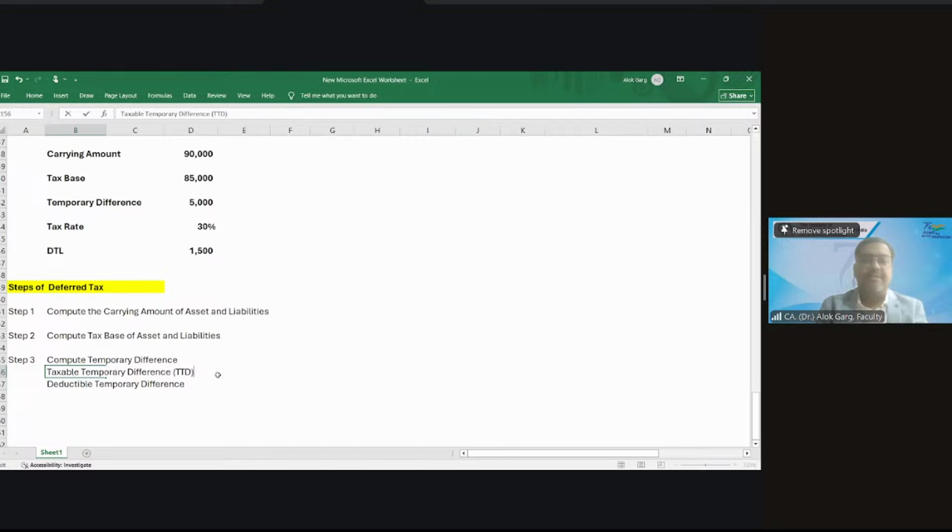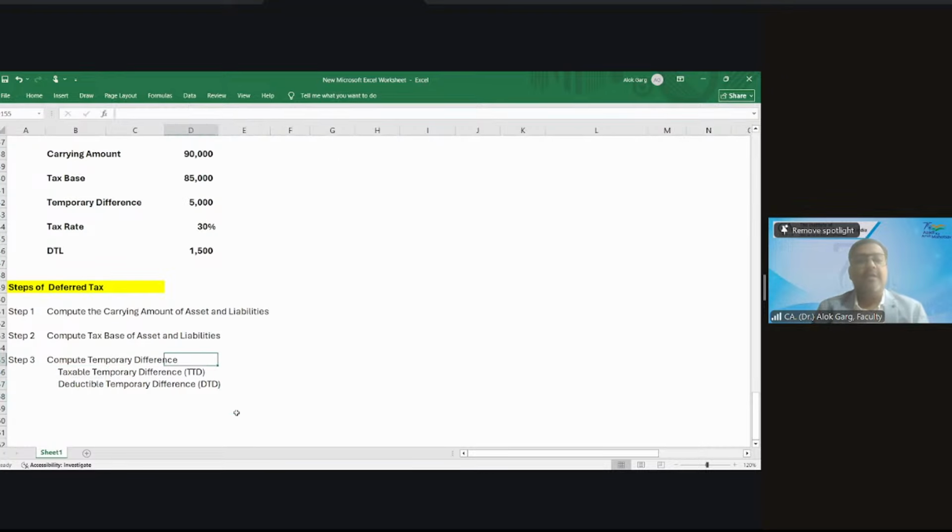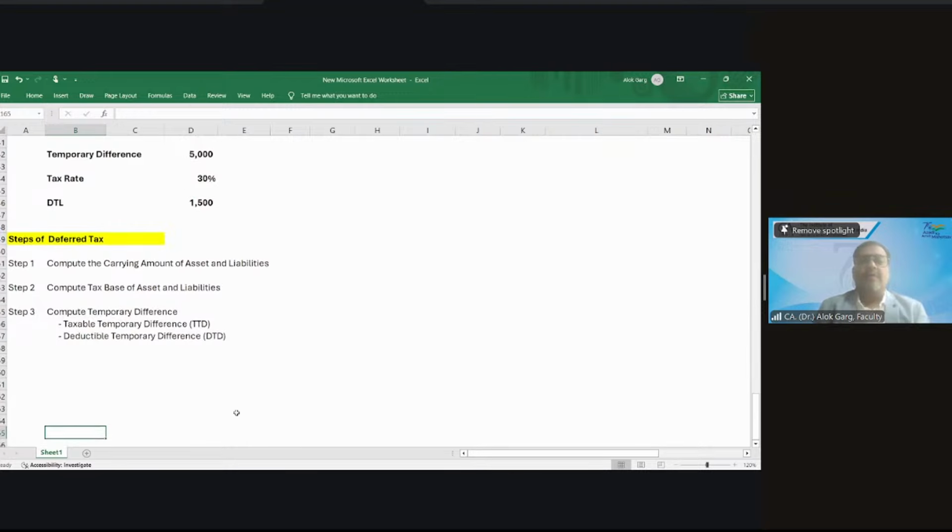TTD and DTD, right? Taxable temporary differences and deductible temporary differences. So compute the temporary differences; they could be taxable or deductible.